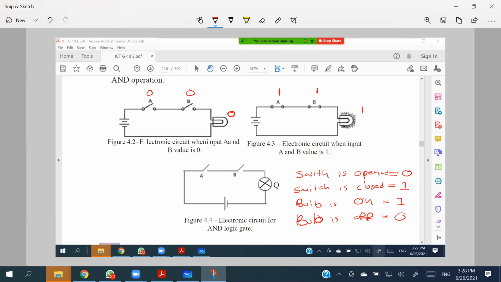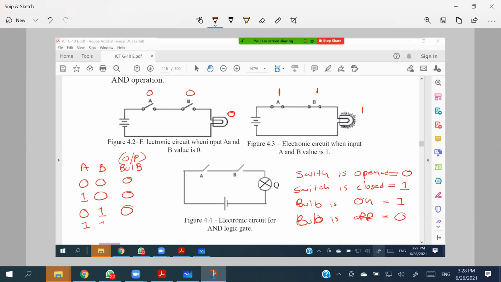This is the bulb. Bulb will be the output. Bulb is not lighting up. If A is closed, B is open, still the bulb is not going to light up. If A is open, B is closed, still the bulb is not going to light up.